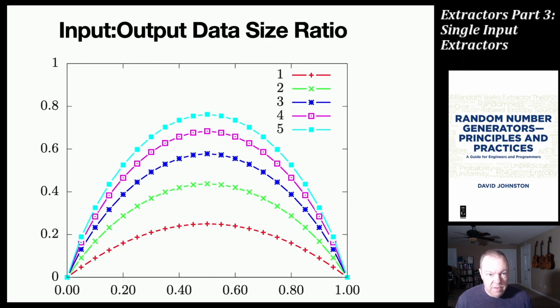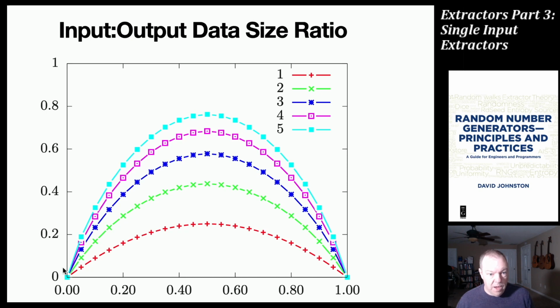So here is the input to output data size of the Elias-Peres debiaser. And on the x-axis is the bias of the data. So 1 is all 1s, 0 is all 0s, 0.5 is full entropy input with a bias of a half, and then everything else on the x-axis is positively or negatively biased data.